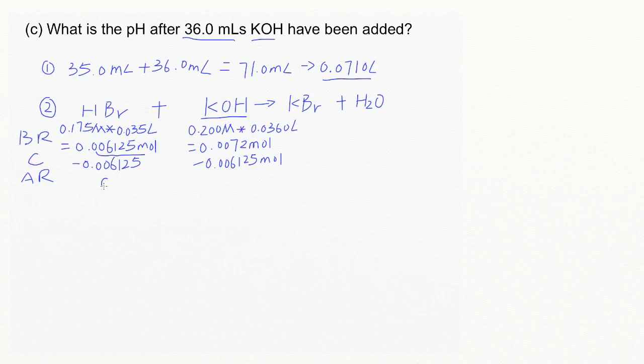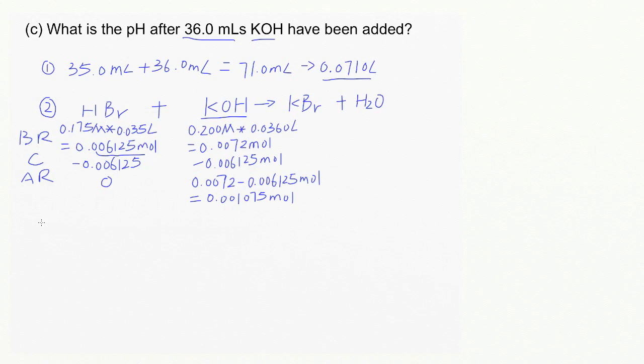For hydrogen bromide, it's 0 after the reaction, but for potassium hydroxide it would be 0.0072 minus 0.006125 mole. What I got here is 0.001075 mole.